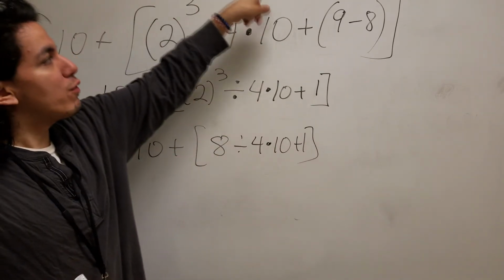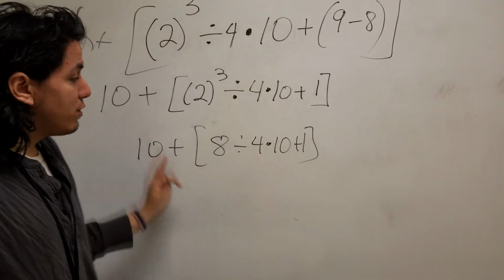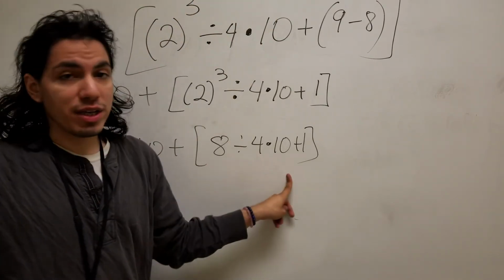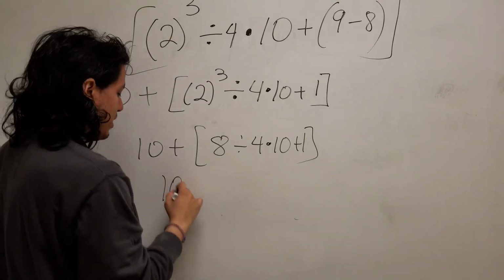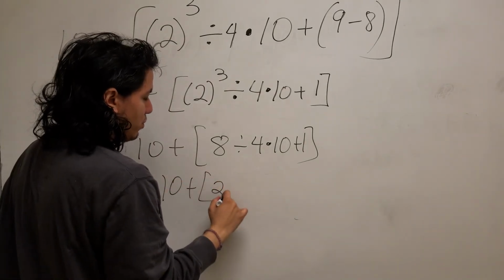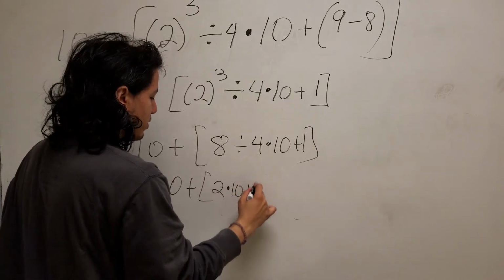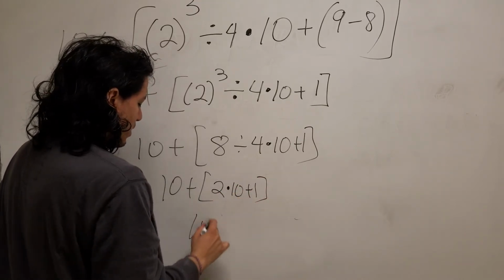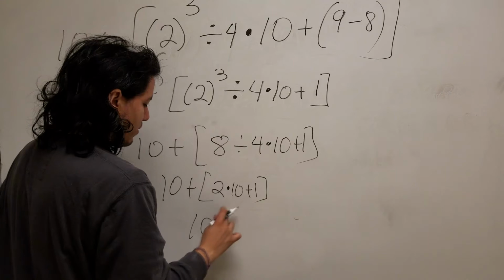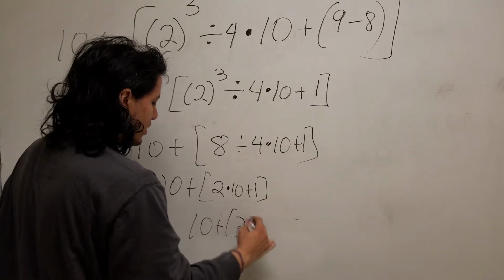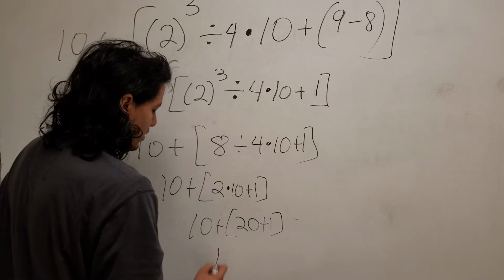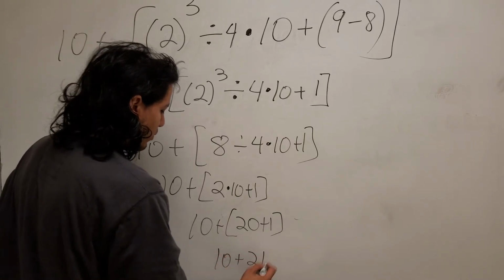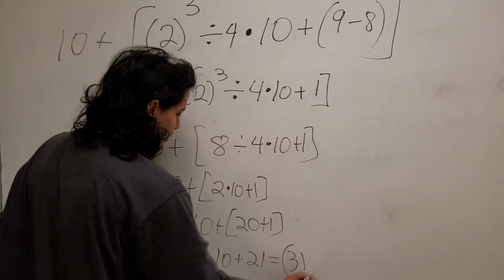Multiplication will come before division, but since division is coming before multiplication, you're going to divide this instead. So I'm going to have 10 plus 2 times 10 plus 1. So here I'm going to have 20 plus 1. It's 10 plus 21, which would be 31.